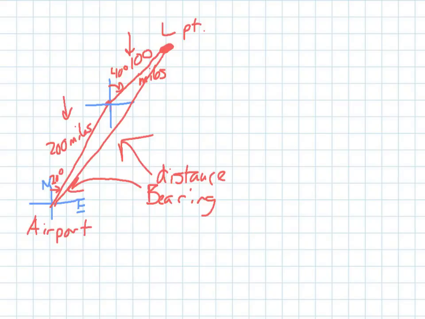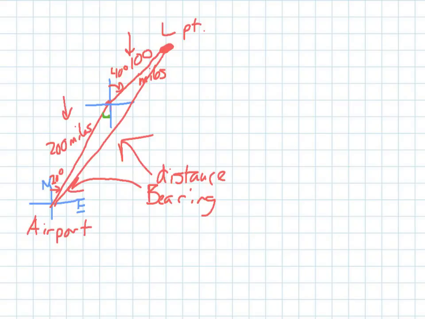So if I look here, I'm going to use a different color. That angle in the green is the same as the 20. If you think about, go back to your geometry, because this is going to help you out a little bit.